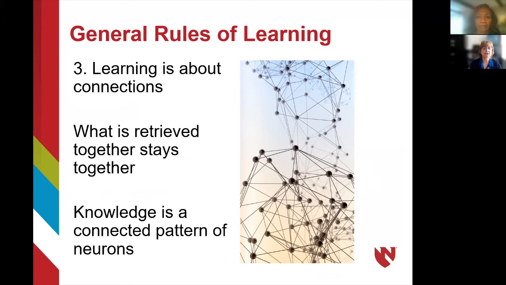So knowledge is a connected pattern of neurons. We want all of those neurons to fire together, so when I bring something into working memory and manipulate it and think about it, I'm bringing in lots of factual information, not just a couple of strands of neurons and a couple of facts.